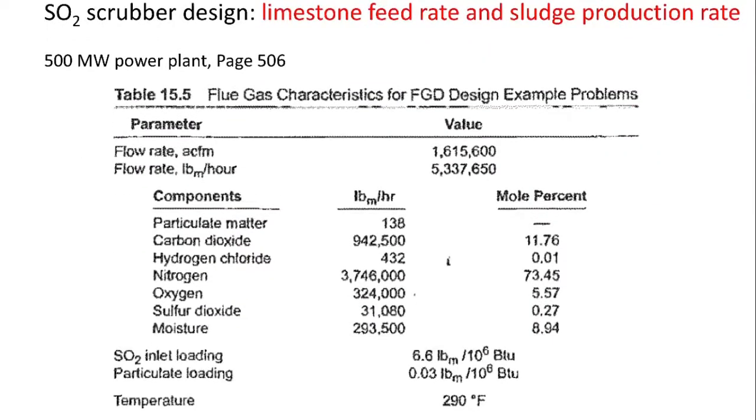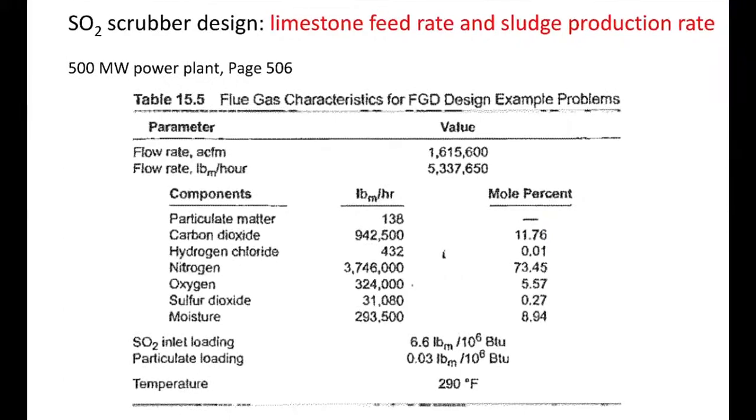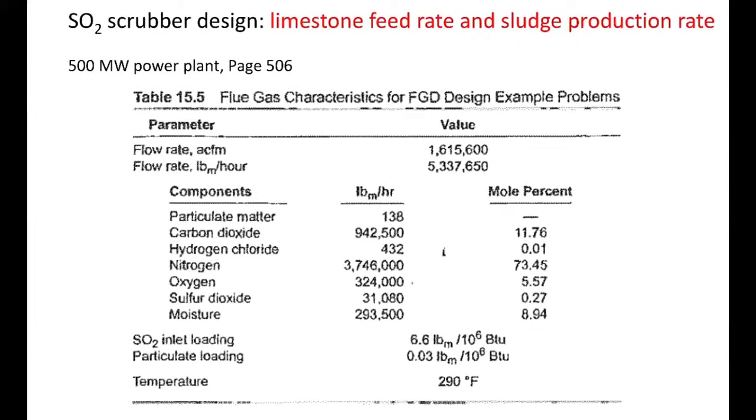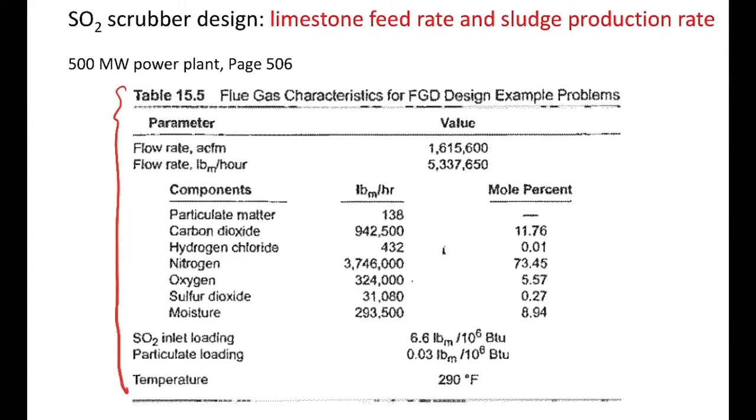So here, what I'm showing is an actual design system. I mentioned in our last class that in your design problem or team project, you also need to come up with this table here, right? That will give an overview of the composition of the flue gas from this co-combustion process.